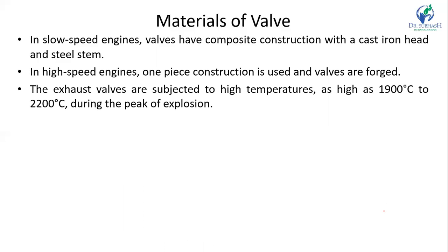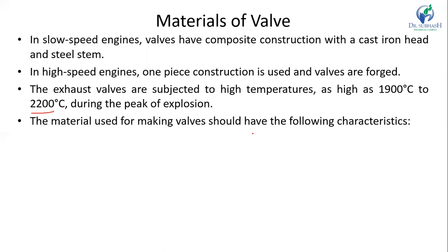The exhaust valves are subjected to high temperatures, as high as 1900 degrees centigrade to 2200 degrees centigrade during the peak of explosion. So they are subjected to very high temperature, and the material used for making the valve should have different characteristics. Which characteristics should it have?